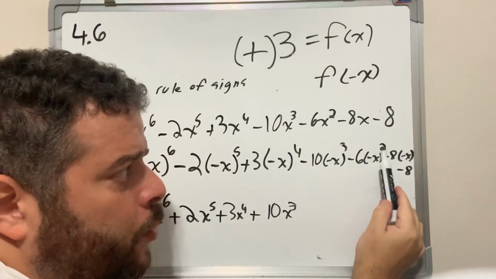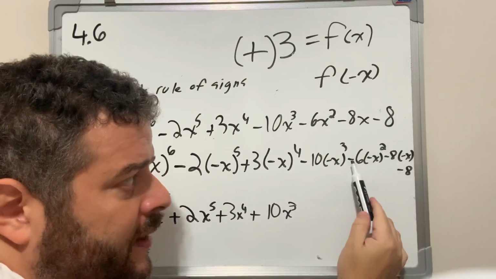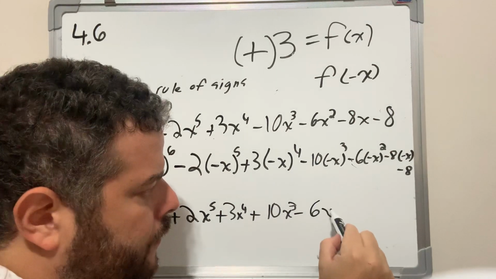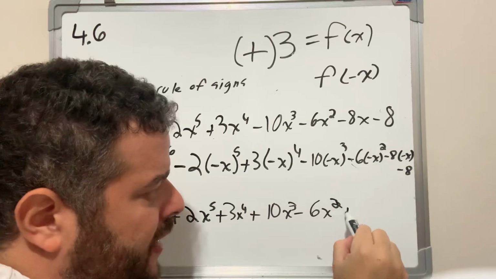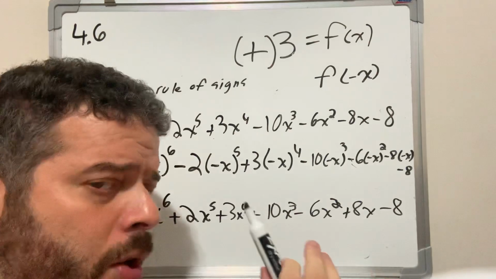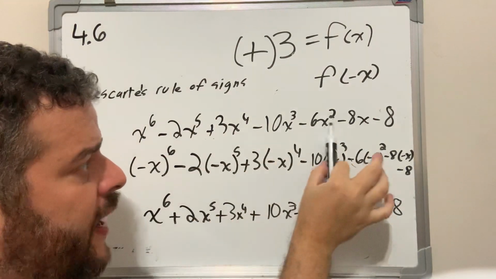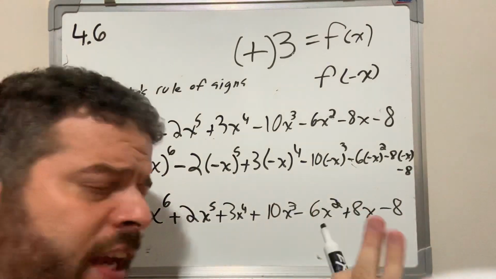A negative to an even degree turns positive, times negative. Positive times negative is negative. That's a 2. Negative times negative is positive. Minus 8.